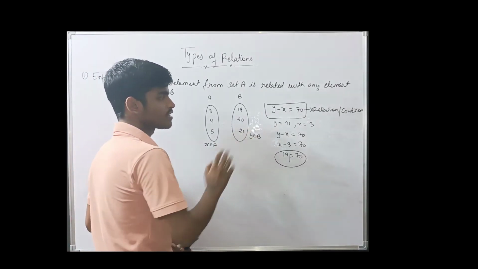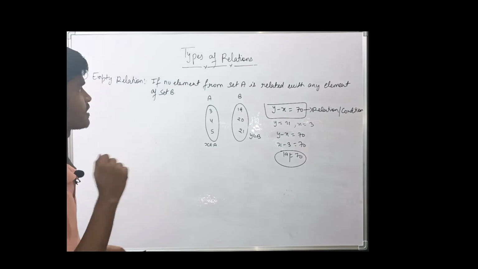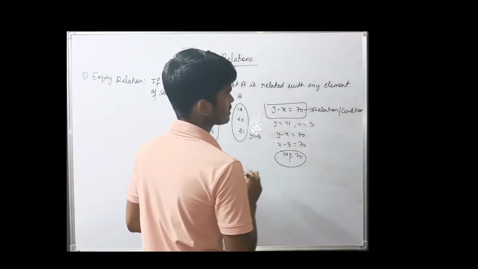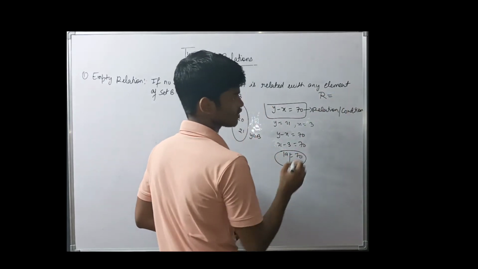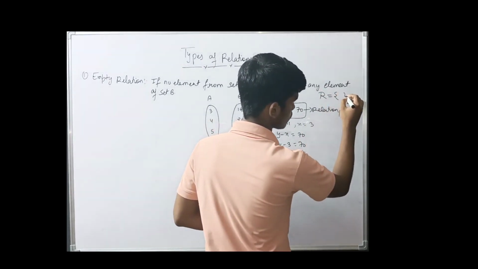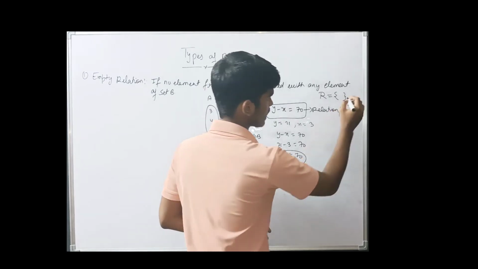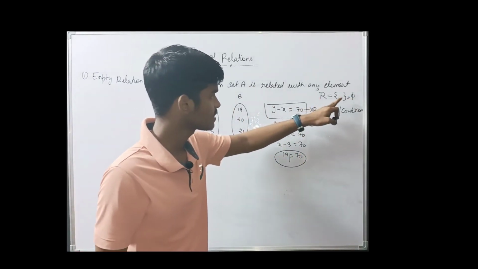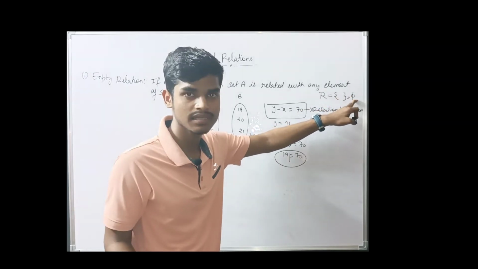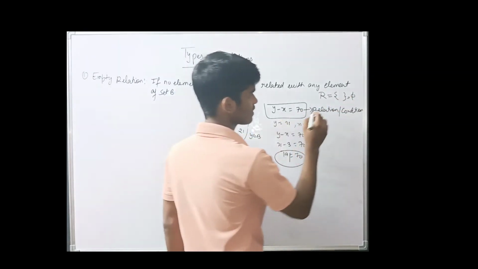So this type of relation is called the empty relation. Empty relation means that in the set of relation you have no element. You can write it this way, or you can write phi. In the relation there is no element, or you can write the same thing as phi.